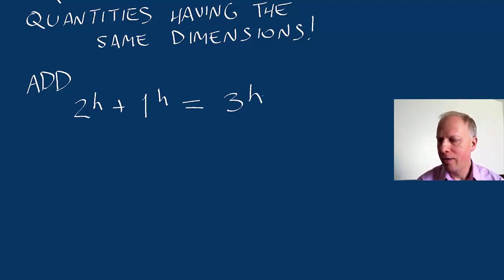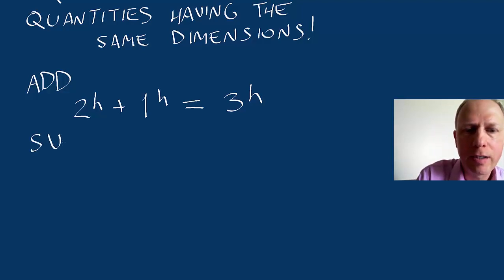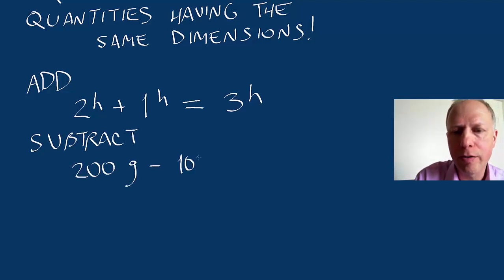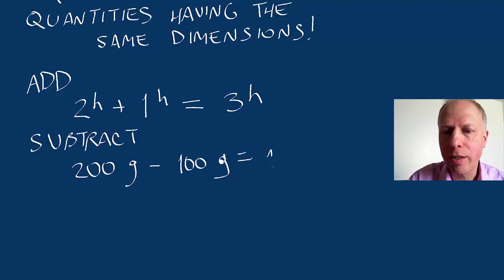When you're adding together quantities, you should put them into the same units first, and then you can just copy the unit over to the answer. When you're subtracting, the situation is very similar. 200 grams minus 100 grams. You do 200 minus 100, and you have to get the units to be the same before you make the subtraction. They're both grams. The result would be in grams also.